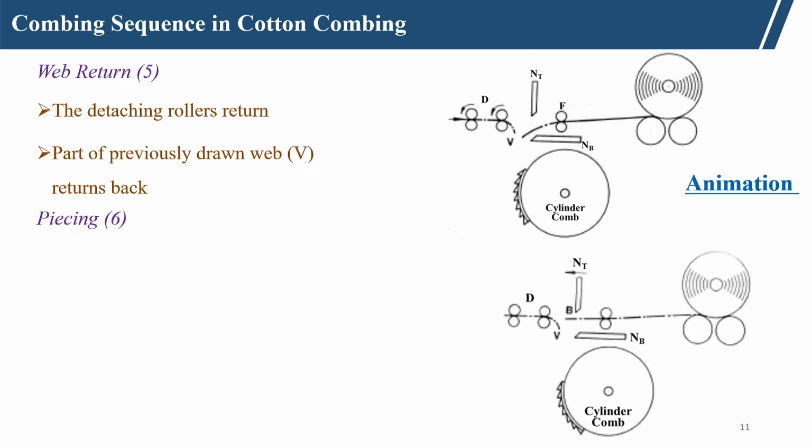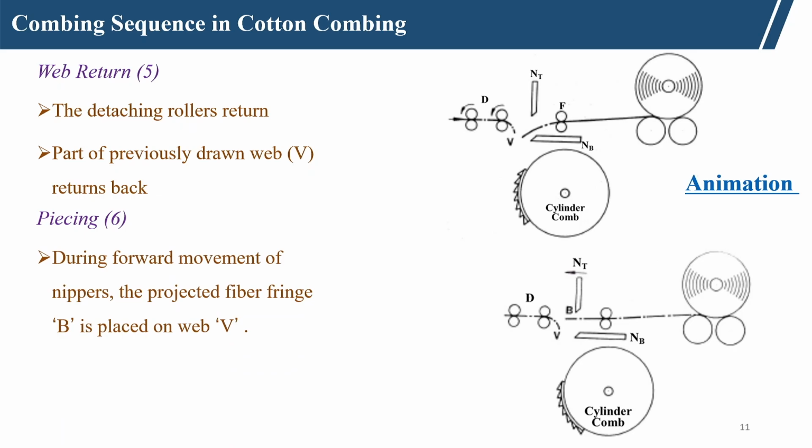So at the piecing stage, during the forward movement of the nippers, the projected fiber fringe B after the cylinder combing is placed over the previously combed fringe V, which has been returned by the detaching roller. They are overlapped and placed on that, and in this way joining takes place.